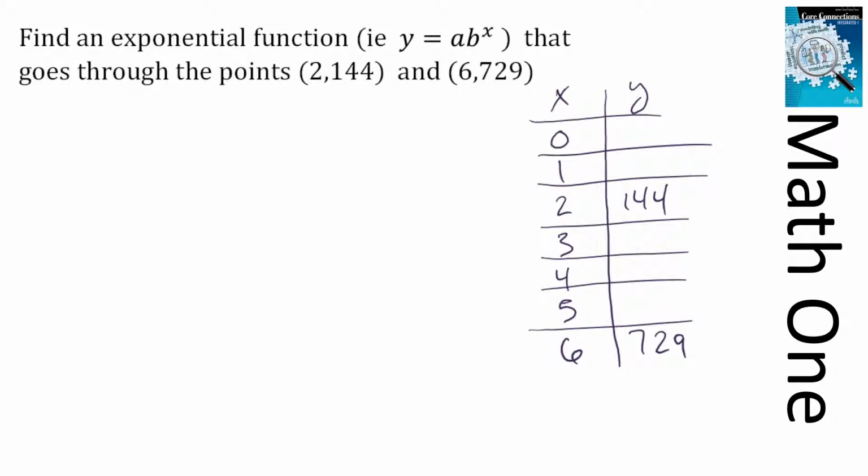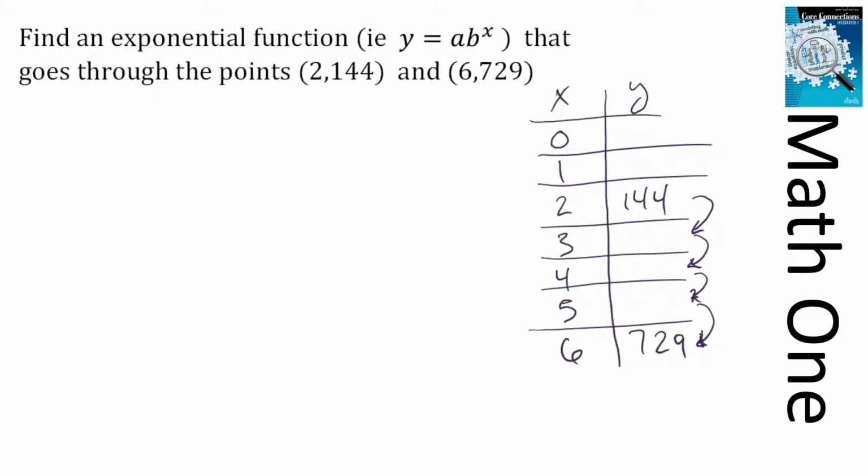Now, I know that there's some multiplier b, and I don't know what it is, but I do know that if I take 144 and multiply by b 1, 2, 3, 4 times, I would get 729. So that gives me a real simple equation.